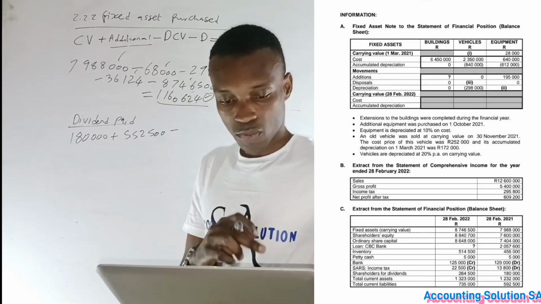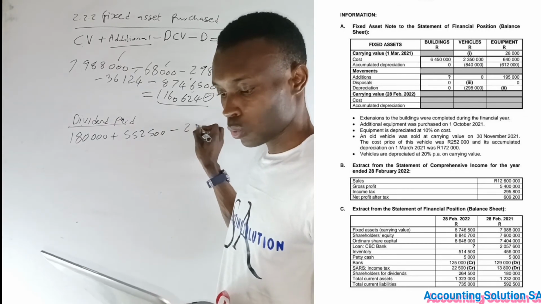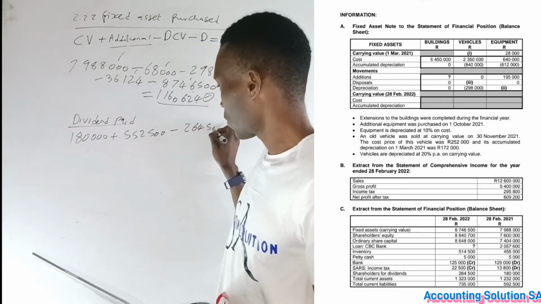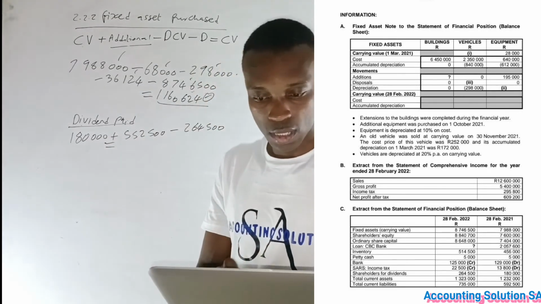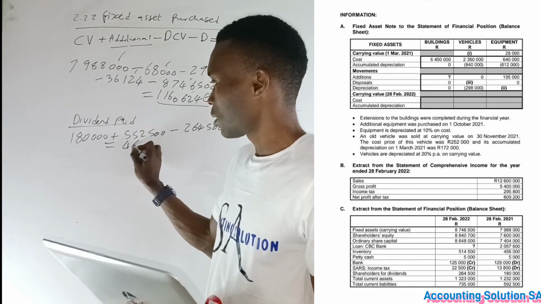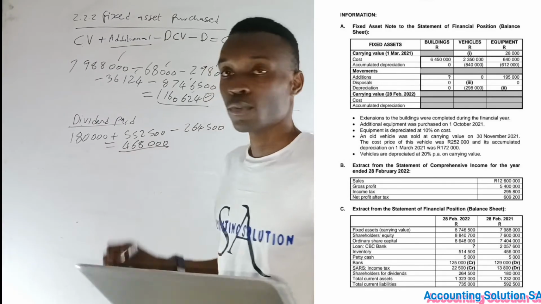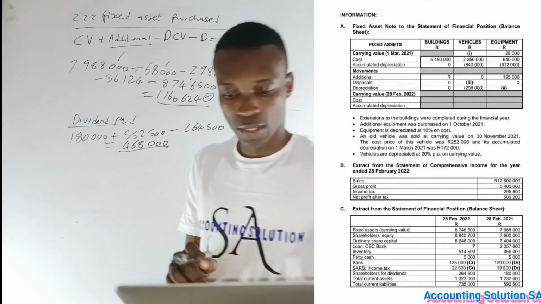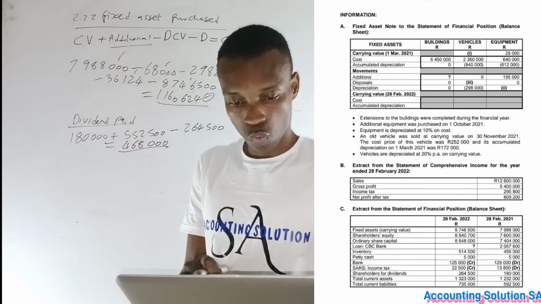Okay, our closing balance was 264,500. Okay, then after that, now we can calculate the total, and we're gonna get 468,000. Simple as that.